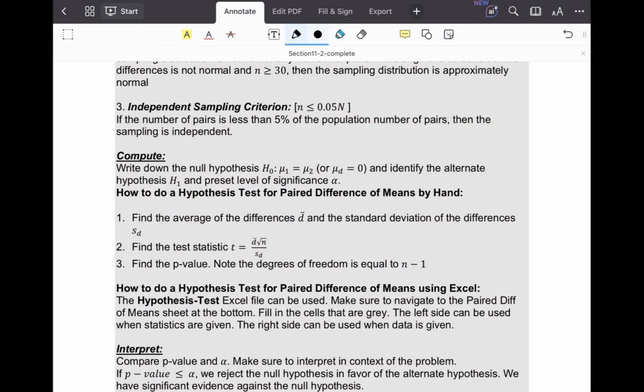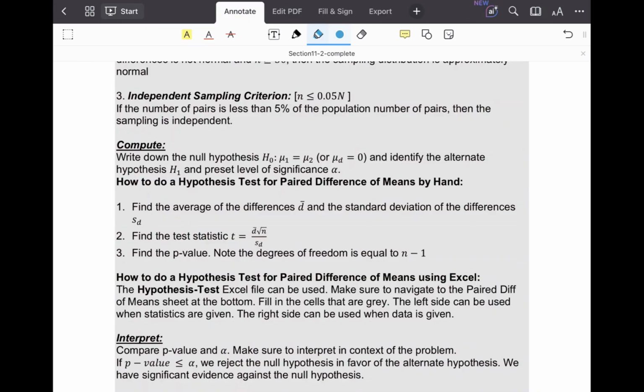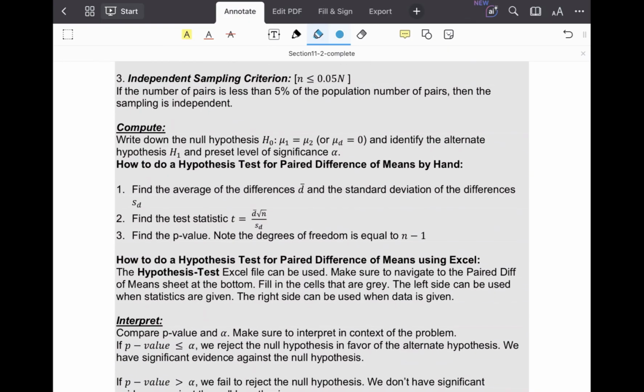So here's sometimes just to point out something that's done in the book very often. Mu sub d equal to 0 is the same as mu1 equal to mu2. They sometimes also do mu1 minus mu2 equals 0. You just have to take the mu2 to the other side, and it's the same exact thing.